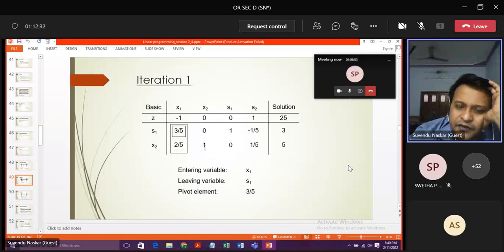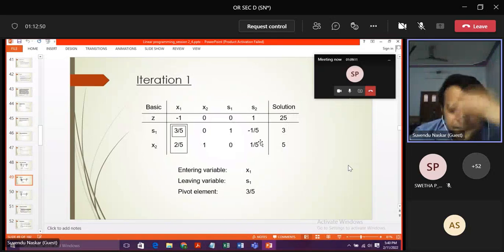So it helps to realize that your iterations follow the same format. But yes, you are correct. I can do it whichever way I like if that is the objective. Eventually, whatever way you do, everybody will get this. So you'll get 25 and then 3 and 5 in order to make it 1. You can just try it.